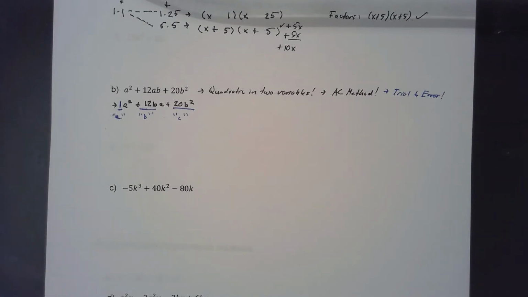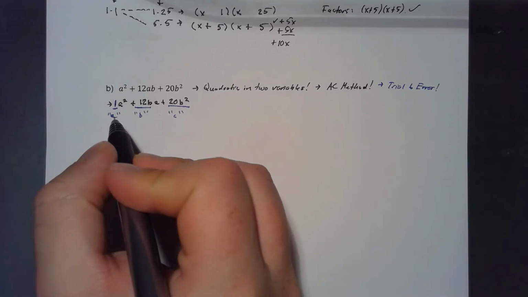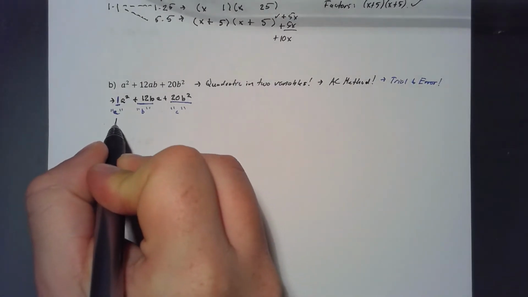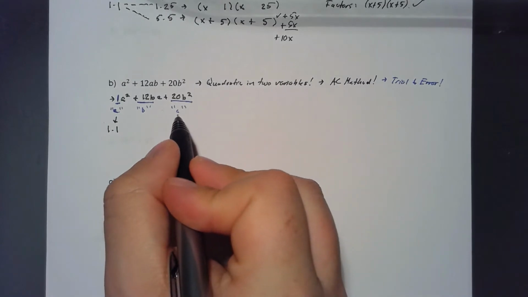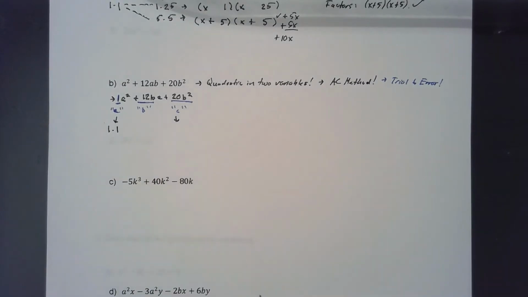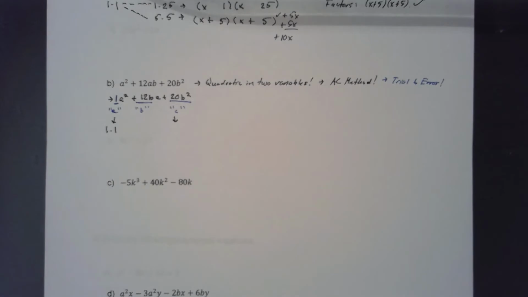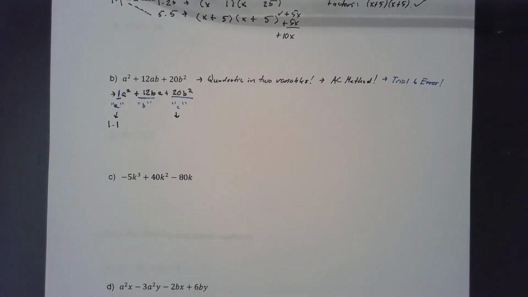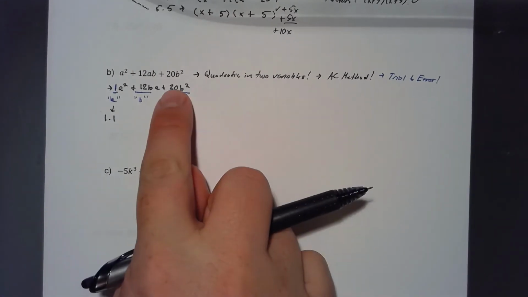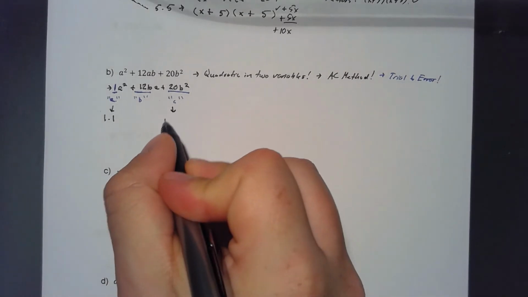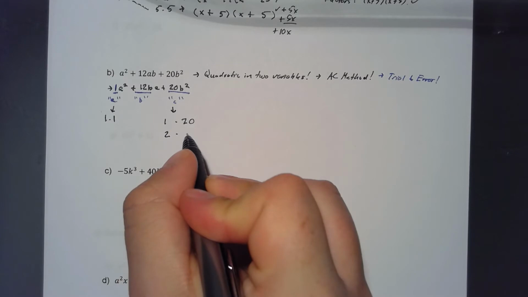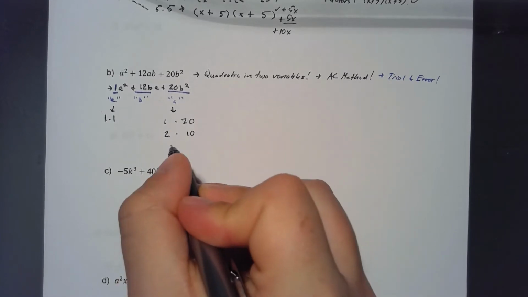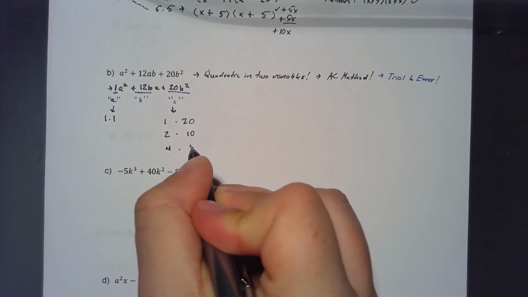All right. So the factors of 1 are 1 times 1. And for now here, I'm going to just list the factors of 20, and then I'm going to tack on a b to each one, to each factor. So my factors of 20 are 1 and 20, 2 and 10, 4 and 5.